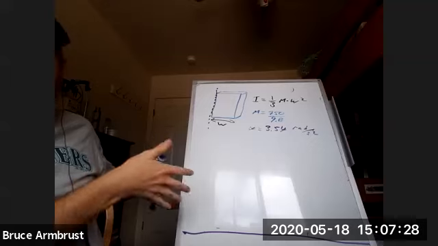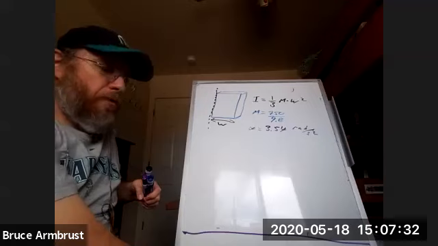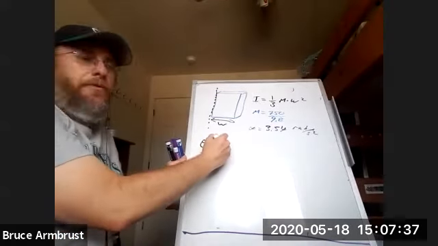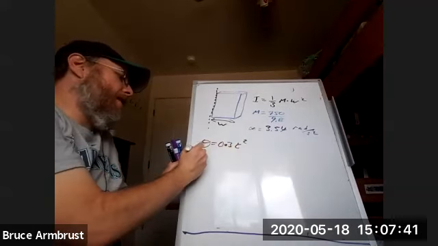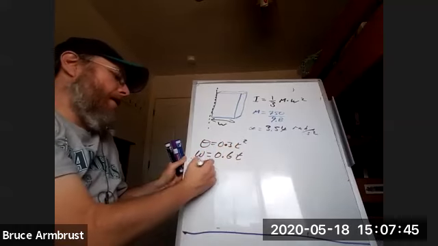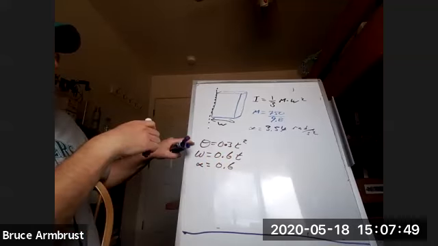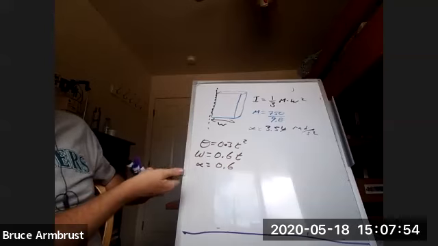Number two went pretty well overall. A couple of you forgot to differentiate though. So this one, since we're told that theta is equal to 0.3 t squared, theta is a function of t, which means omega is its derivative, and alpha is the second derivative. So you're going to get formulas for each of these that you then use to calculate things.